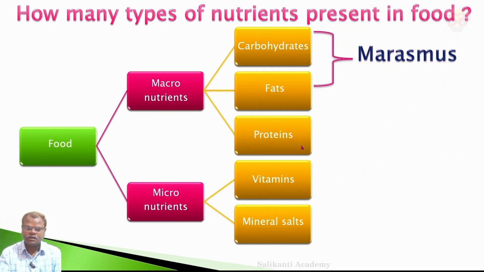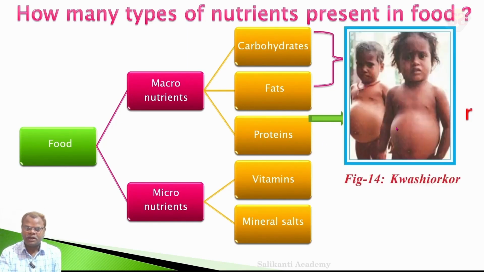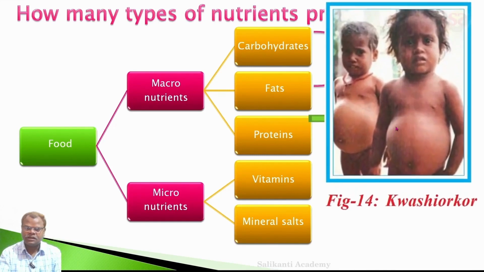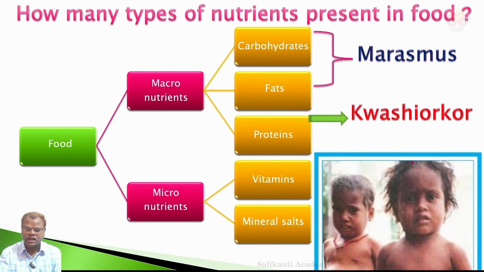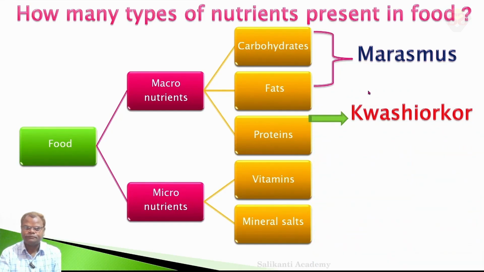Lack of proteins in the diet of children causes kwashiorkor. Kwashiorkor is a disease caused by lack of protein nutrients in children. These children appear like this. See, they have very loose tissues, and look very sad and unhappy.